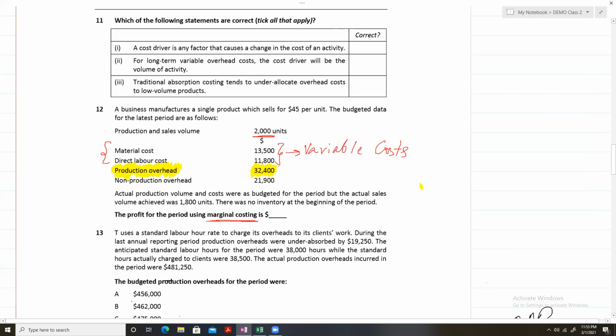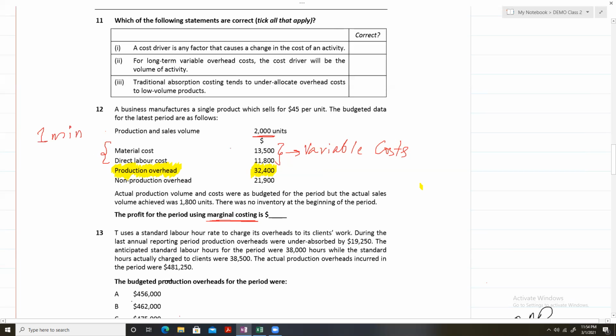So how much will each unit of inventory cost? I am giving you 1 minute here.